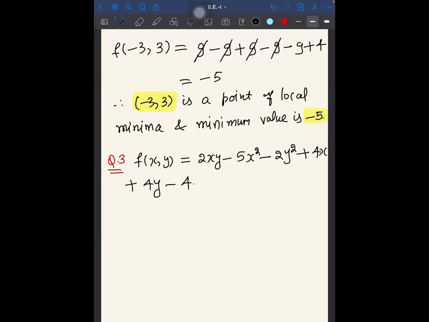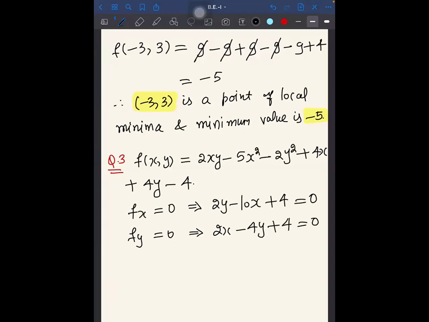So again, we'll be starting with the same ideas. So let's say fx = 0 and fy = 0. So this means fx, that means 2y minus 10x plus 4 is equal to 0, and fy means 2x minus 4y plus 4 is equal to 0. Is it fine?